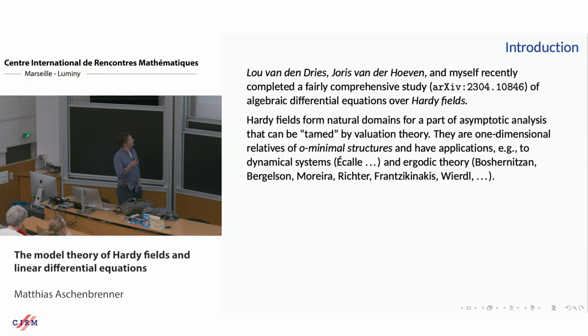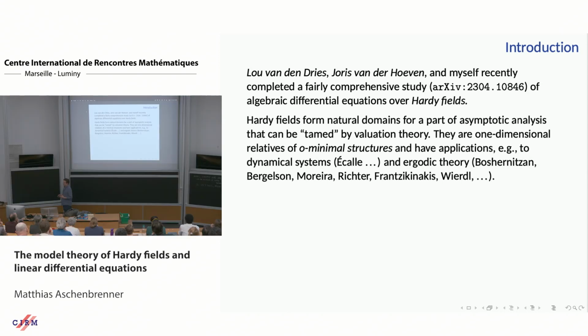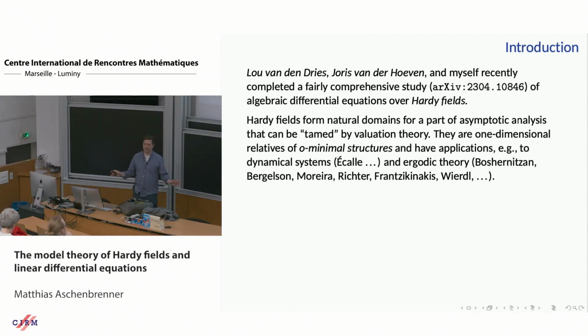So in a nutshell, Hardy fields can be seen as a natural domain for a part of asymptotic analysis that you can treat algebraically. Of course, in asymptotic analysis, the main difficulty you have to deal with is oscillation. In the Hardy field context, these oscillating phenomena are excluded by definition.